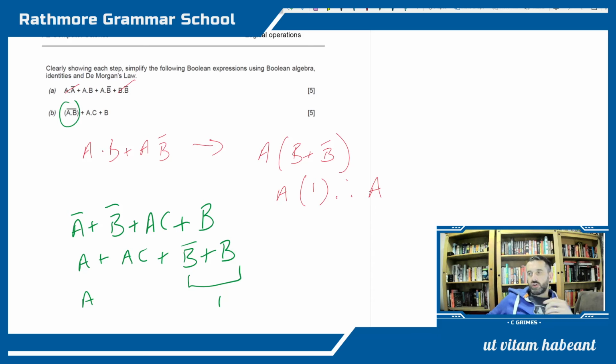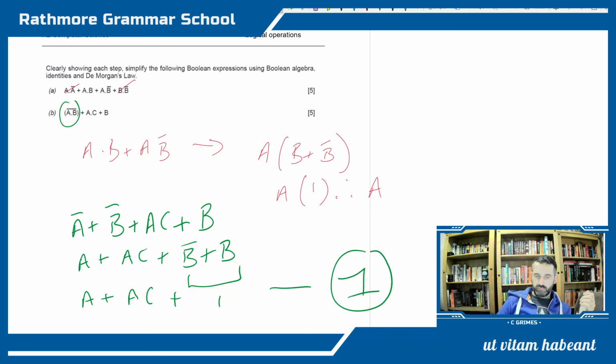And we know that the annulment law, anything ORed with a 1 is going to be a 1. True. That statement is going to evaluate to a true. It doesn't matter what that side of the equation evaluates to, because it's ORed with a 1, it's going to evaluate to a true.